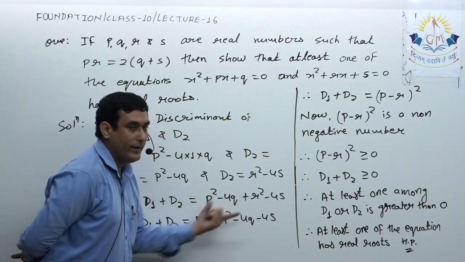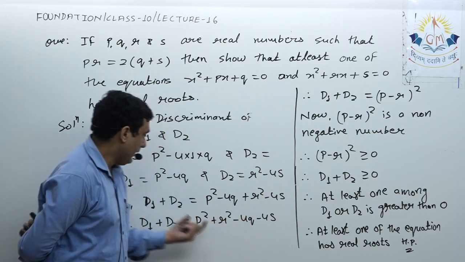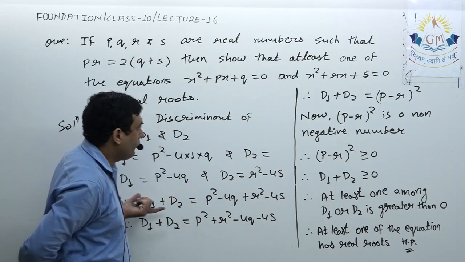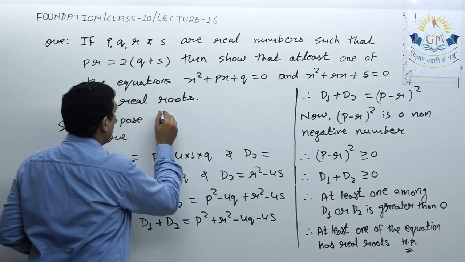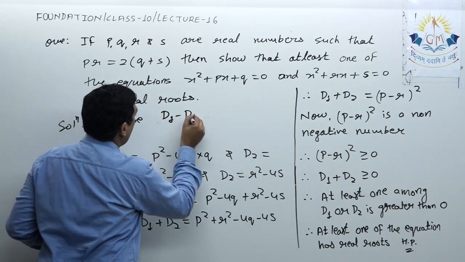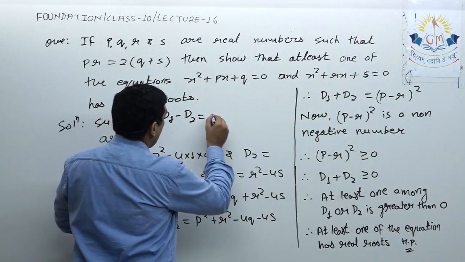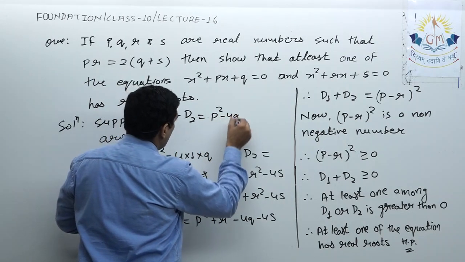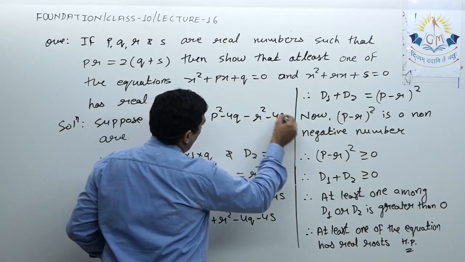One thing more: if you find the difference, you won't get q plus s, isn't it? Suppose I try to find d1 minus d2, where d1 is p square minus 4q and d2 is r square minus 4s.